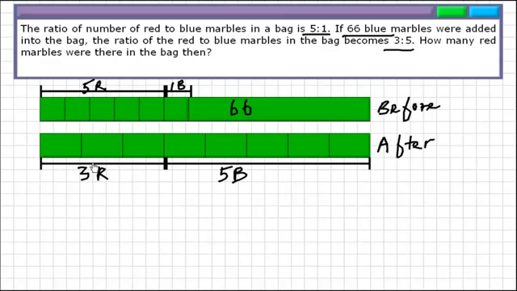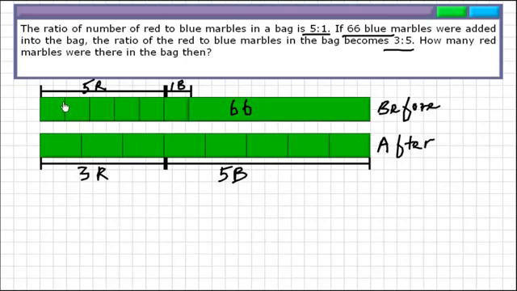Okay, looking at the numbers 3 and 5, we can deduce that the number of parts that we need to create on both sides is 15. So we need to divide these parts 1, 2, 3, 4, 5 into 15 parts, and on the after model 1, 2, 3 into 15 parts.